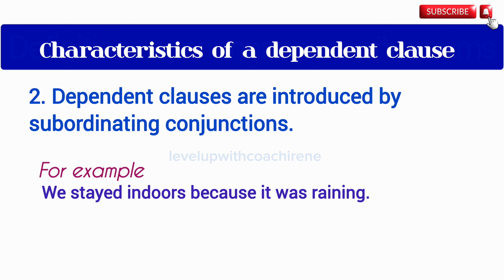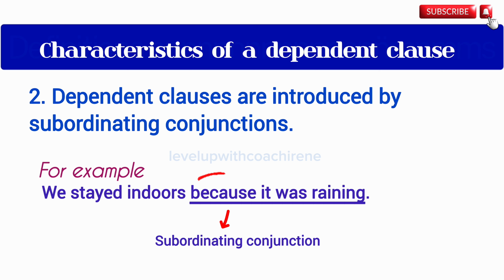Now, the dependent clause in this sentence is because it was raining. And the independent clause is we stayed indoors. Notice to introduce the dependent clause, we needed a subordinating conjunction, which is because. Therefore, dependent clauses are introduced by subordinating conjunctions.